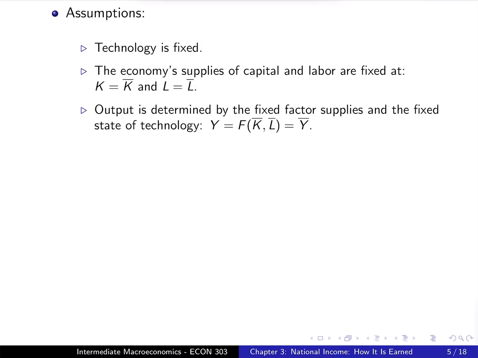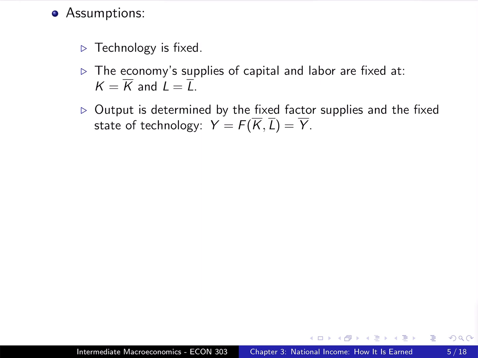Before we go any further, let's outline the assumptions we're making in this model of the economy. Technology is fixed. We are analyzing a long-run steady-state scenario where the production technology does not change over time. The supplies of capital and labor are fixed. That is, we assume the economy has a fixed amount of productive inputs.